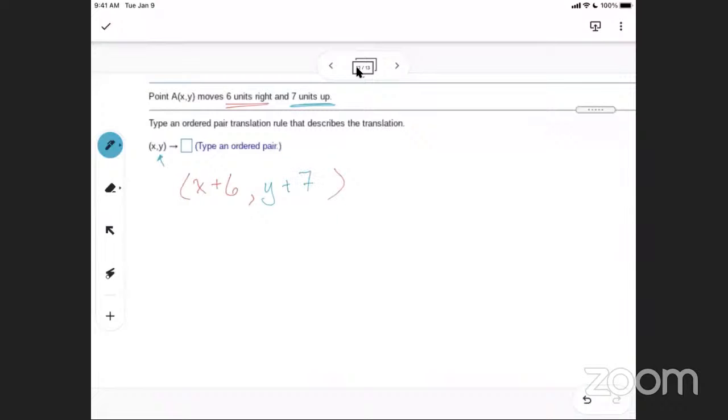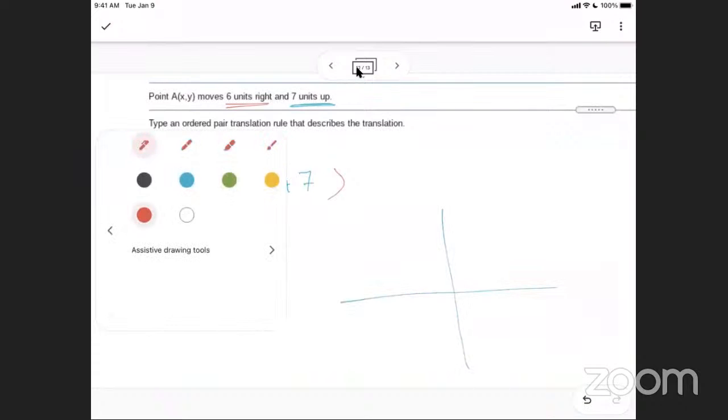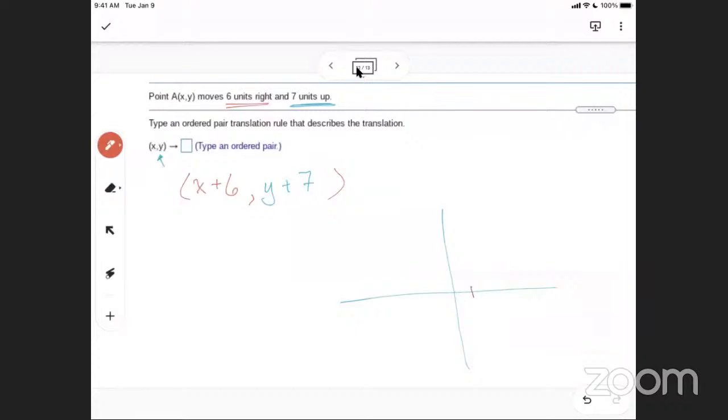That's the rule. So do you understand how that rule works? Yeah. Your original point here was like 1 comma negative 2. You just gave a formula to help find the next point. You add 6 to the x coordinate, so it's 1 plus 6, which is 7.